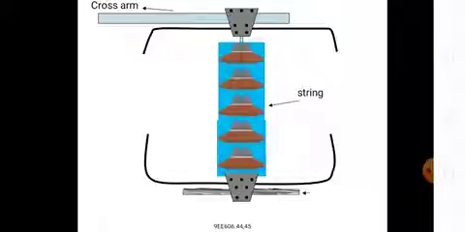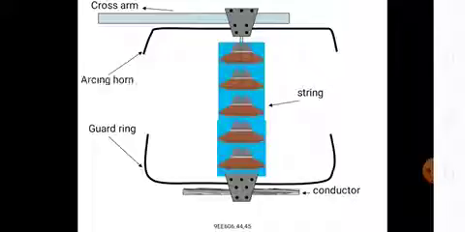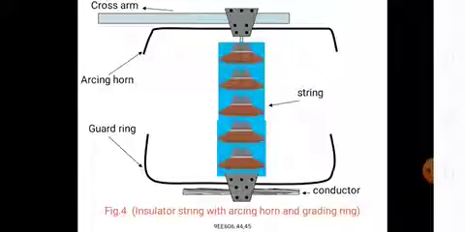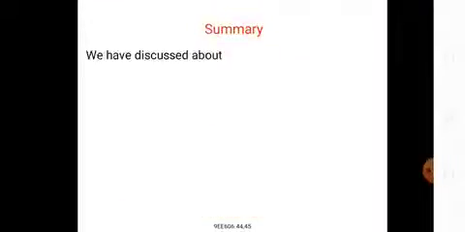So these are string insulators and the conductor, with the guard rings and the arcing horn. The arcing horn is at the top of the conductor and the guard ring should be near the bottom of the conductor. So in this class we are discussing methods of improving string efficiency, and arcing horn and guard rings.